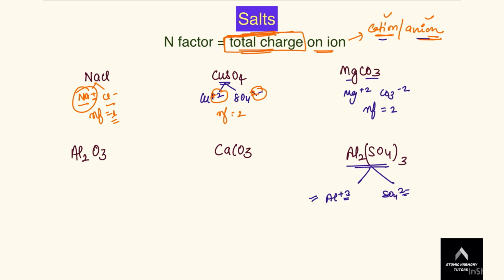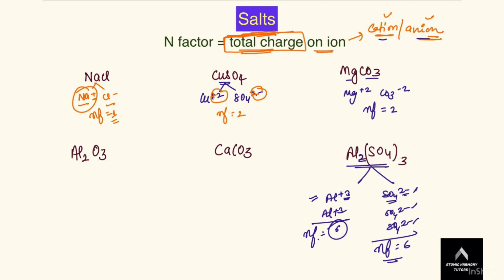Now 2 aluminium are here, Al positive 3, one more Al positive 3, then the total charge is 3 plus 3, 6. So this is the n factor. But if you consider sulfate only, then 3 sulfates are there, SO4 2 negative, SO4 2 negative and SO4 2 negative. Again the total charge is 2 plus 2 plus 2, 6. So n factor is equal to 6.